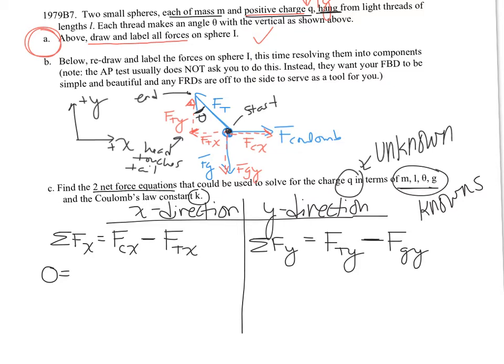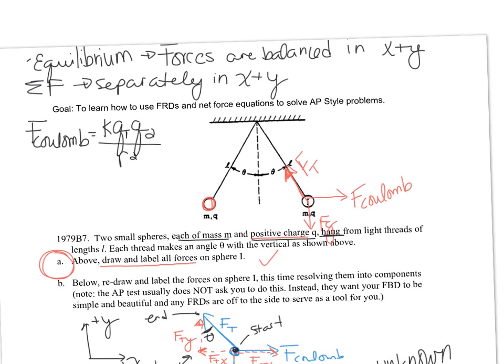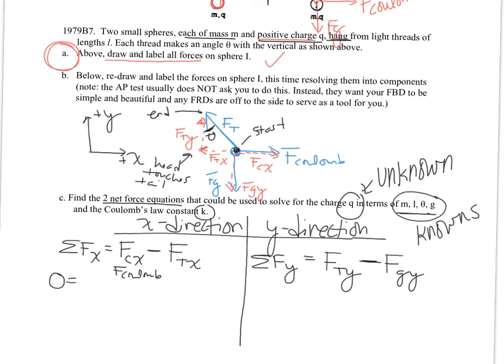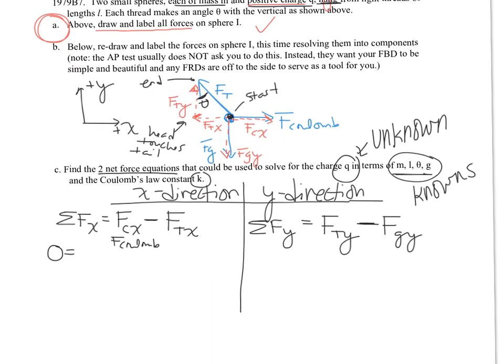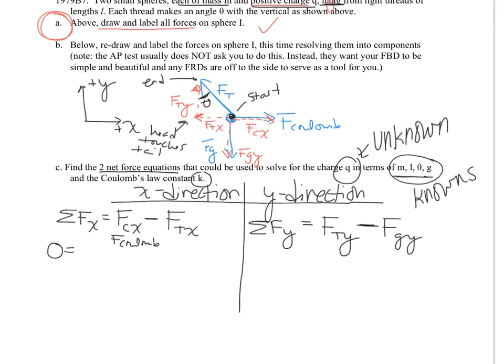That's just the same as the Coulomb force. But now I need to go reference all my equations and figure out what equation I can plug into there. As we showed before we started this question, this is the equation for the Coulomb force. So we're going to substitute it in.